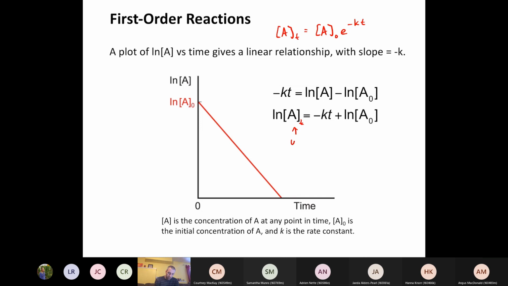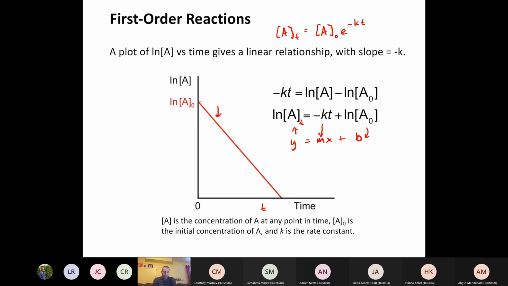This is in the form of y equals mx plus b, where ln A0 is the intercept, k is the slope, and t is your variable, time, right? This will produce a straight line like you see here.